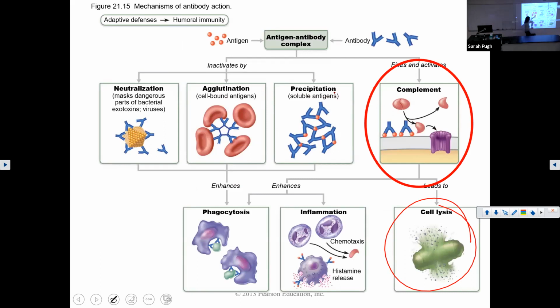Okay, it flags it for neutralization to get rid of it through phagocytosis. Those antibodies cause cells to agglutinate. Phagocytic cells gobble them up. It flags it and it will pull out soluble molecules. Phagocytic cells will then gobble them up. Or it flags it for complement proteins to punch a hole and cause the cell to lyse.